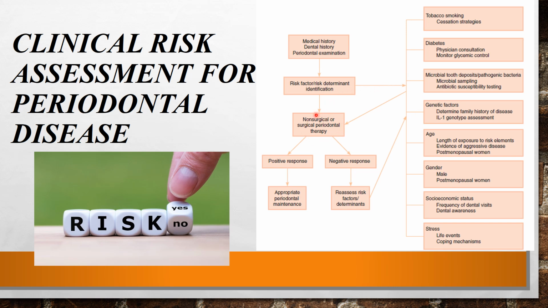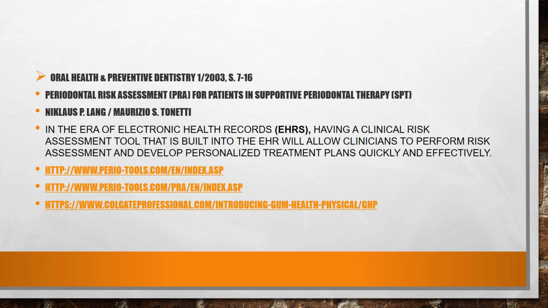When there is a response to the therapy, if it is a positive response, that means appropriate periodontal maintenance is needed. But if there is a negative response, we need to evaluate the risk once more. That is what we need to do in each category, and that is what we have given here. So that is the clinical risk assessment for periodontal disease.